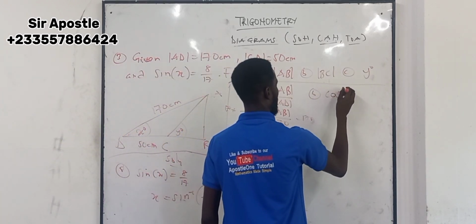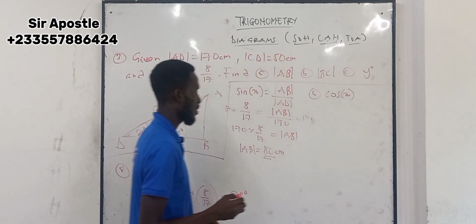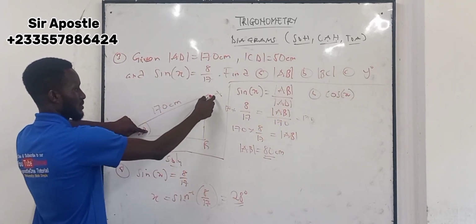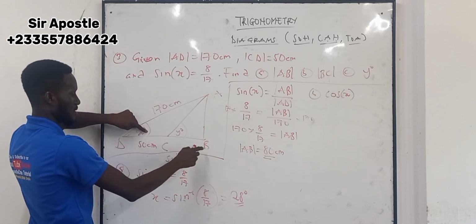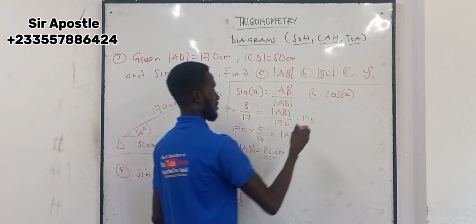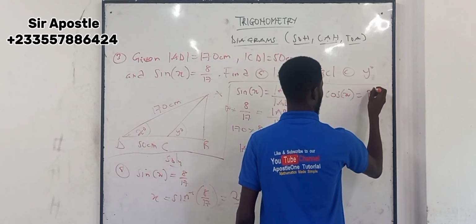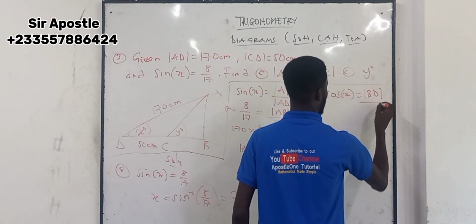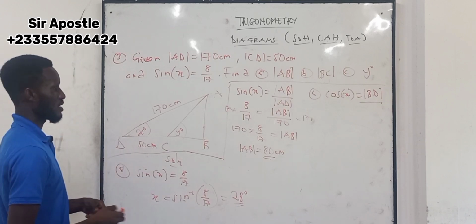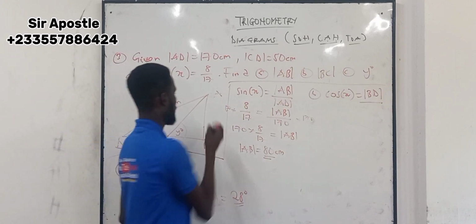Cos of the angle X. So I'm considering this angle X is equal to what? Cos is adjacent. Adjacent is DB or BD. So the BD is from here to here, that's the adjacent. Hypotenuse is AD.